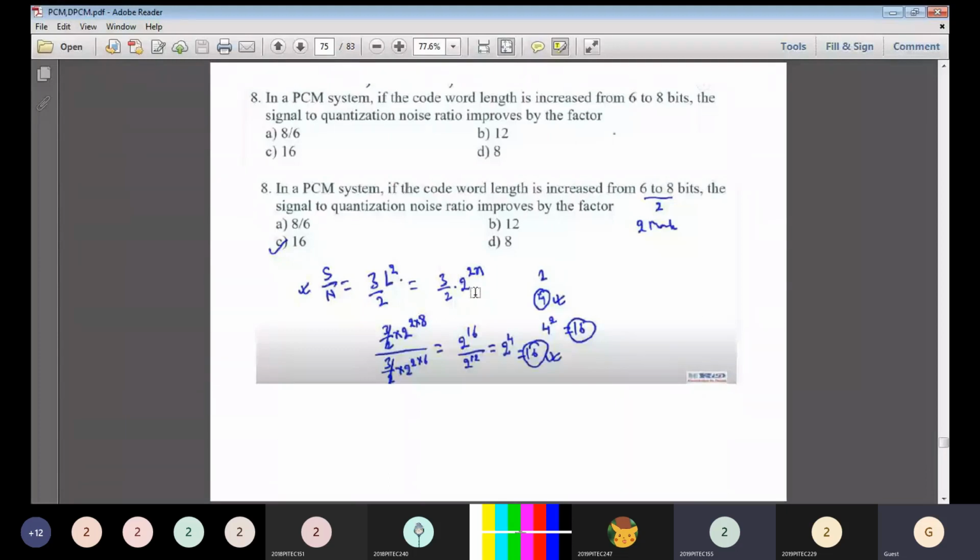The value of n is increased from 6 to 8. So substitute in this equation. The highest value will be in numerator. So if you substitute 3 by 2 into 2 power of 2 cross 8 divided by 3 by 2 into 2 power of 2 cross 6, we have 2 power of 16 divided by 2 power of 12 equal to 2 power of 4.